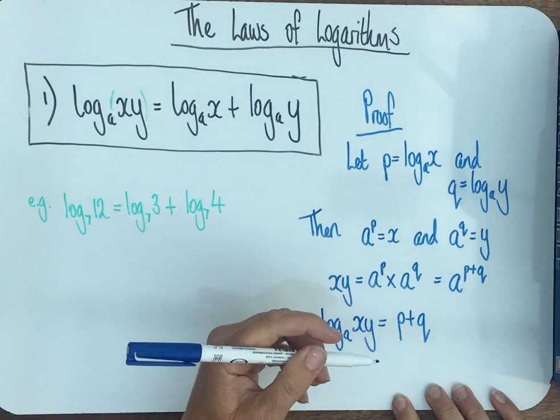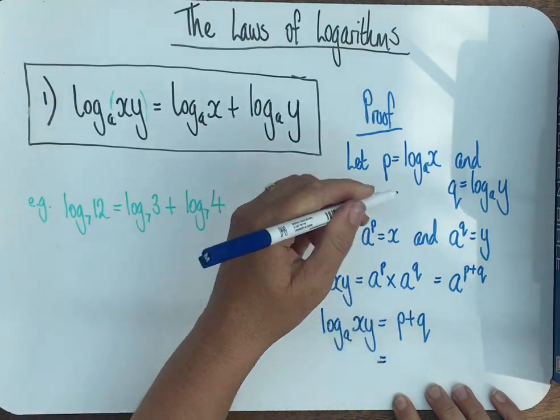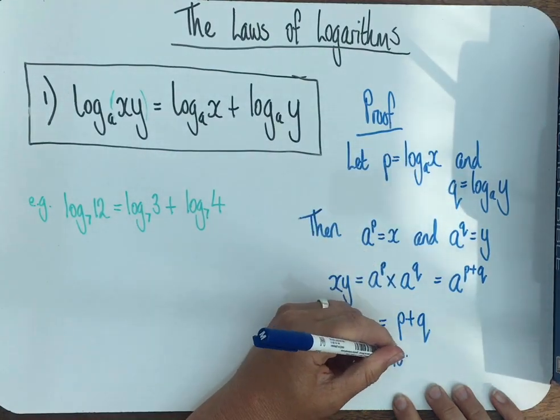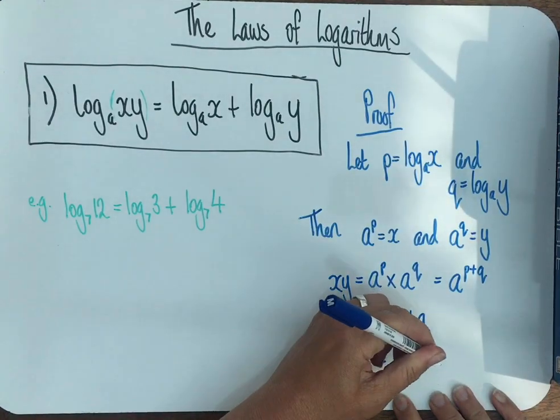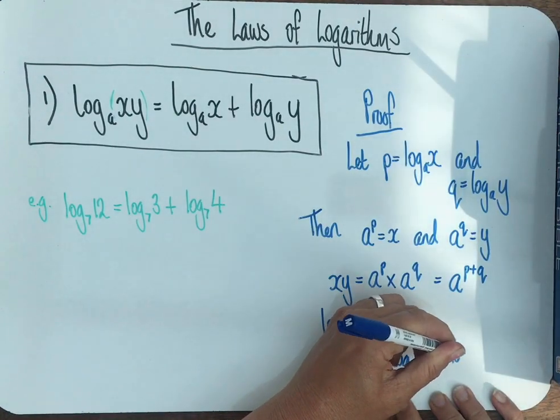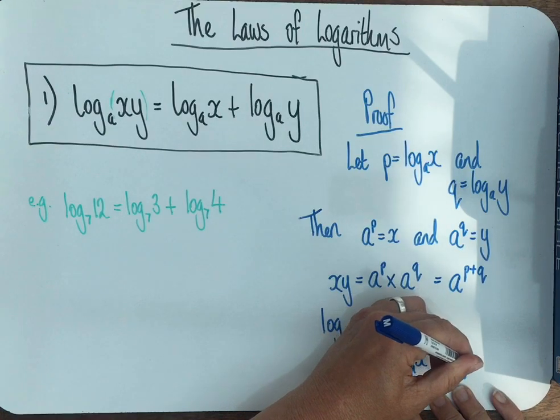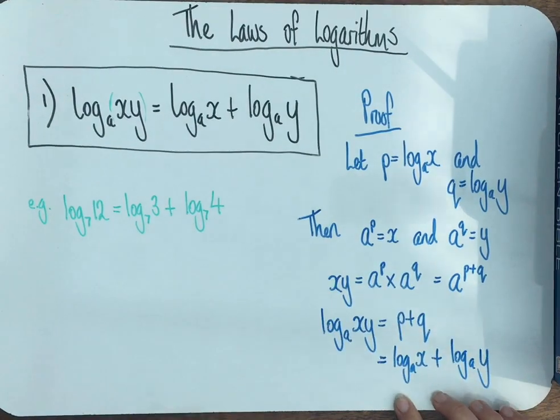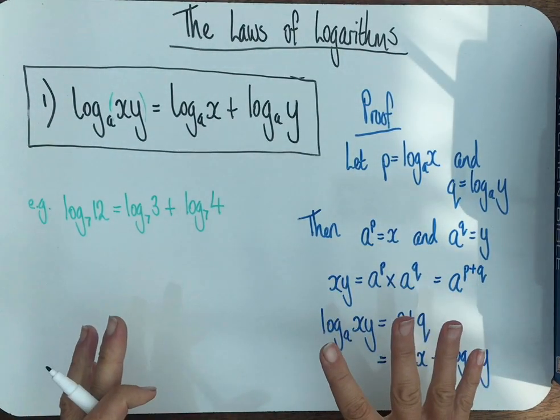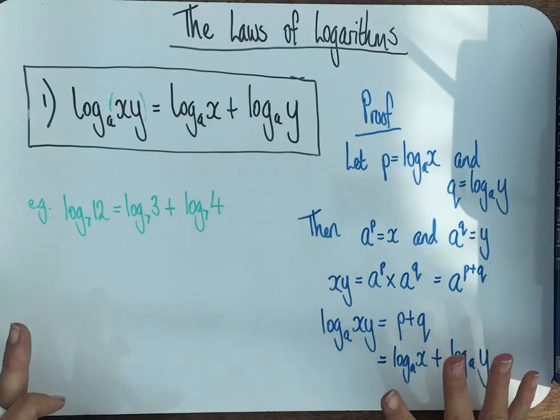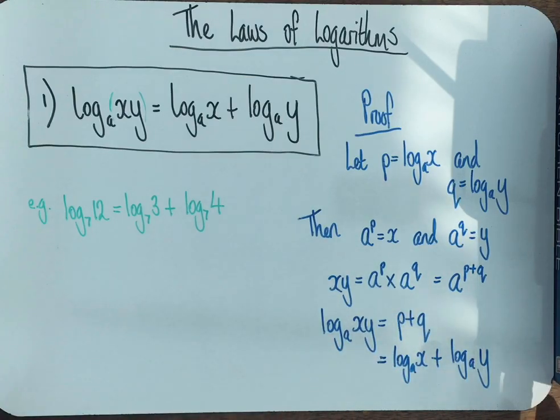And p plus q, p is log to the base a of x, and q is log to the base a of y. I'll go over some examples with these in a minute, so this is just going over the laws. So that's your first one.